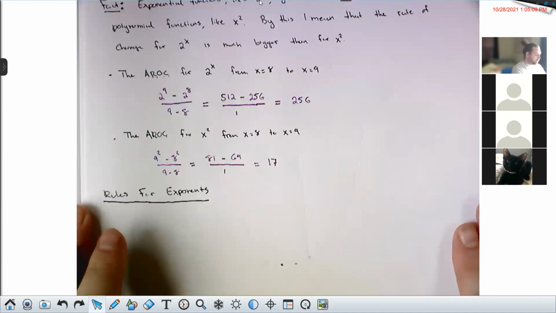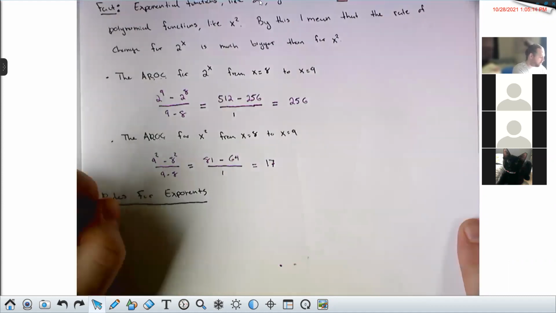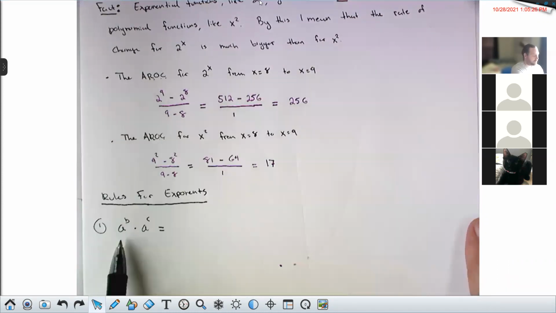The first few are super intuitive. For example, if you take a number a and raise it to the b, and then you multiply that by the same number a raised to the c, what do we get? Well, a to the b is a times a times a, b times.